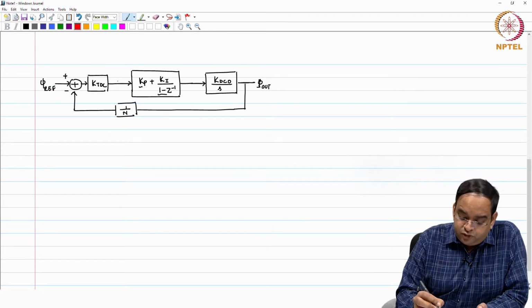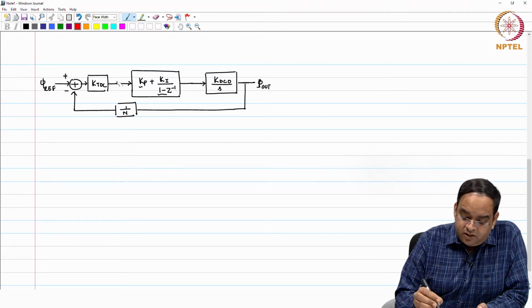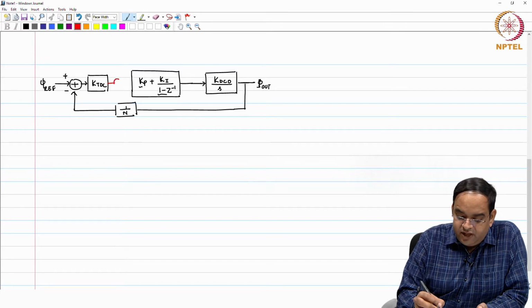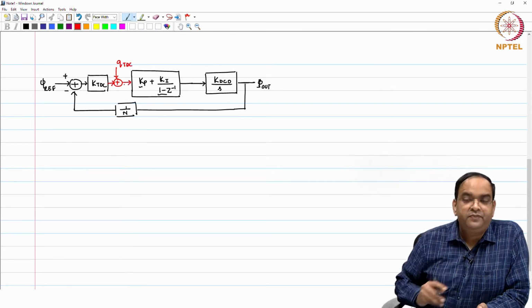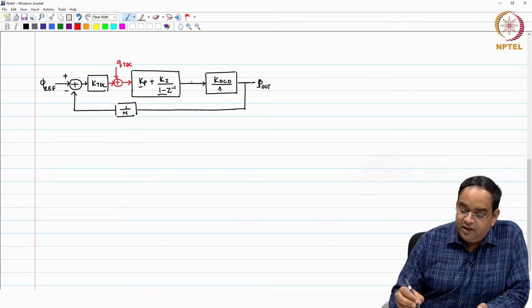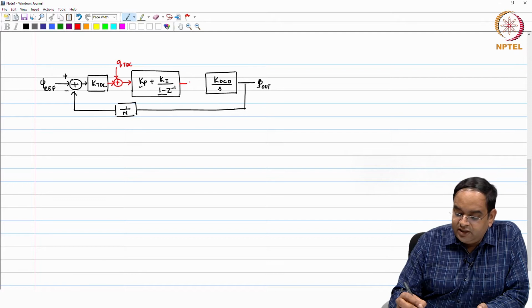The first noise source, which you remember, is the TDC, because the TDC is a finite bit TDC, you are going to add quantization noise at the TDC output. Okay. Similarly, at the DAC input, you are going to add quantization error for the DAC.